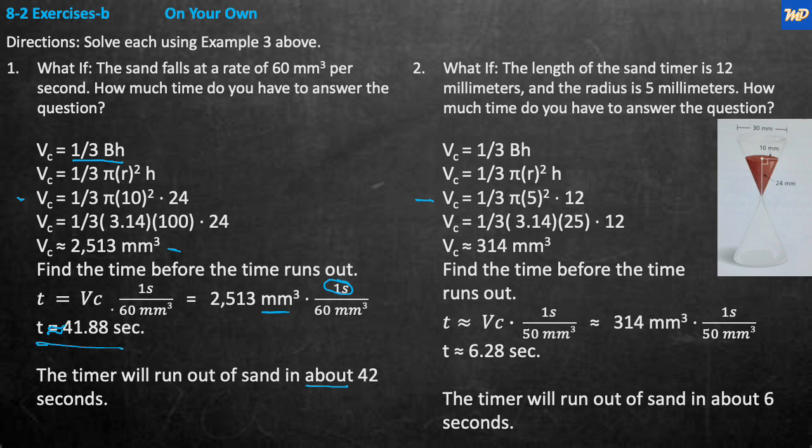Anyways, millimeters cubed, approximately. We multiplied by our pi, changed it to 3.14, and now this is approximate. Actually, this should have been approximate right here too, but it's okay. Approximate 314 millimeters cubed. Find the time before the time runs out.